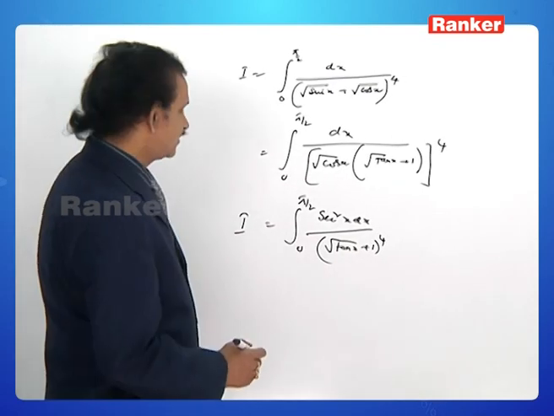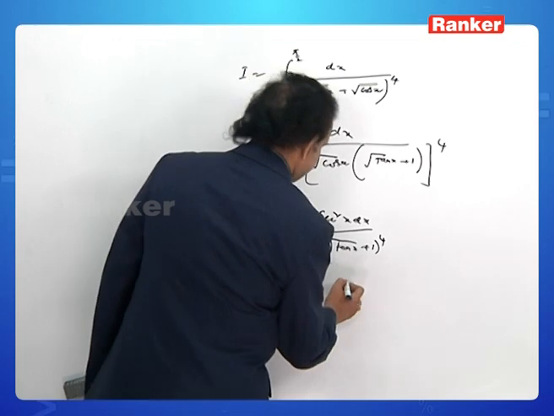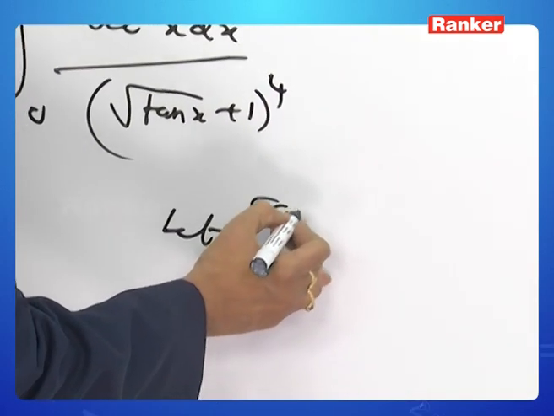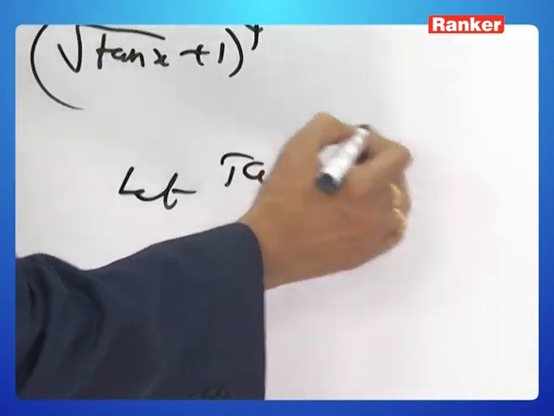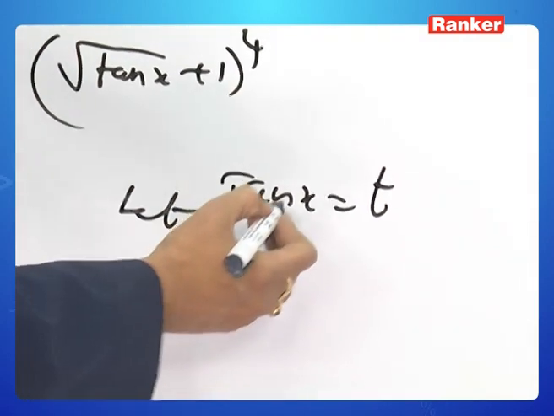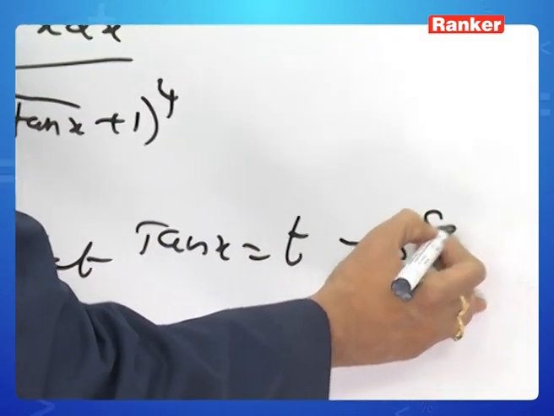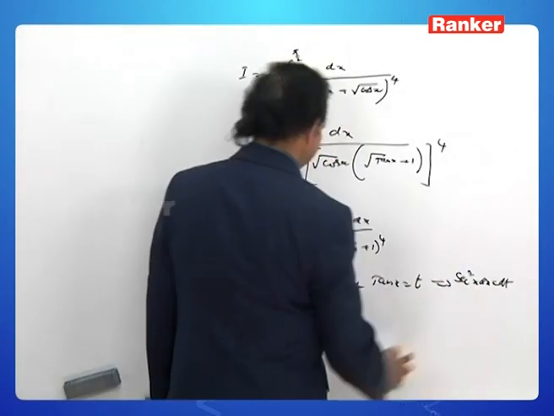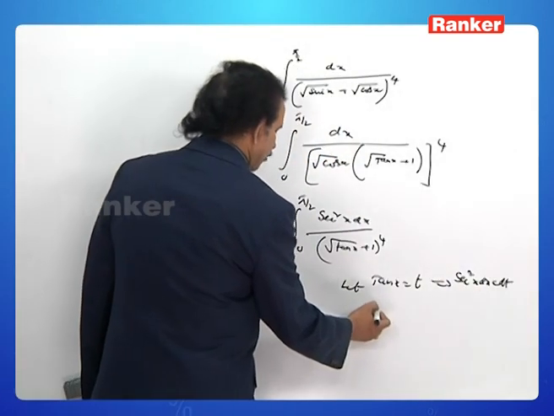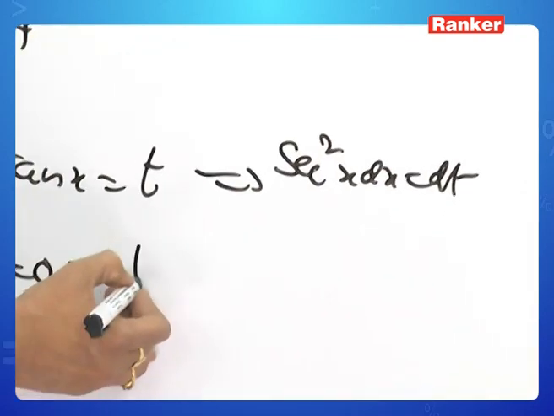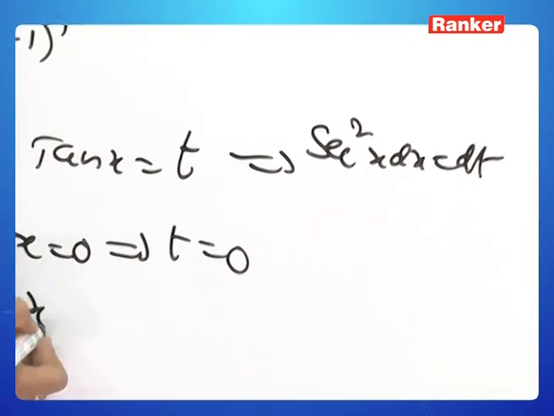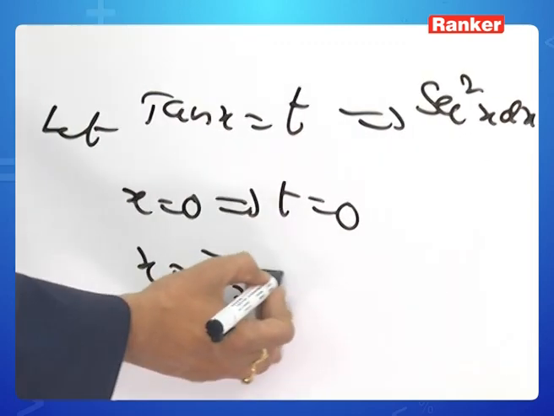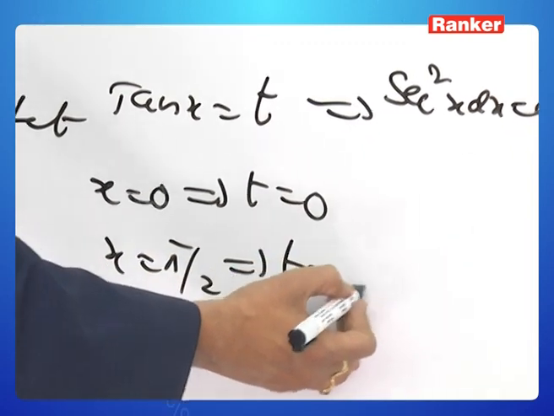Take tan x is equal to t. Let tan x is equal to t. Implies secant square x dx is therefore equal to dt. What about the limits? X equal to 0 implies t is equal to tan 0. X is equal to pi by 2 implies t is equal to tan pi by 2, that is infinity.